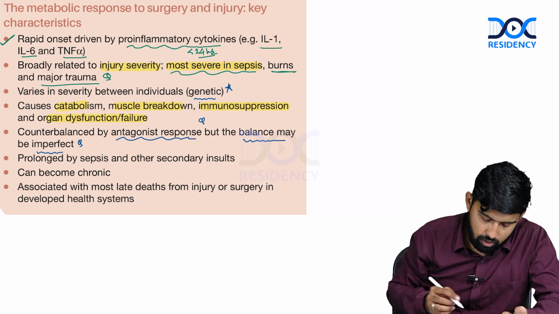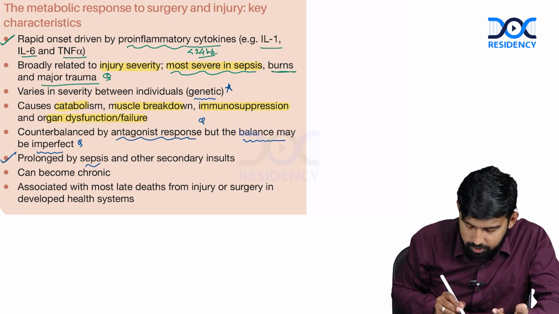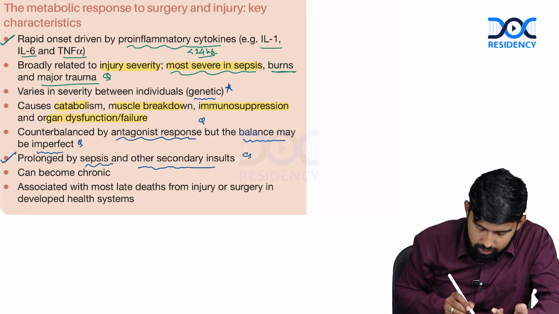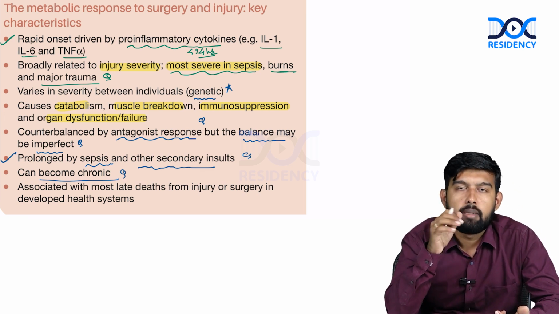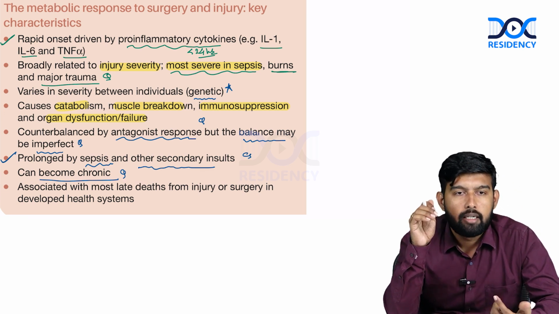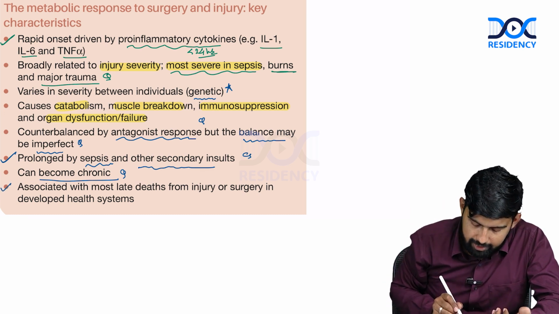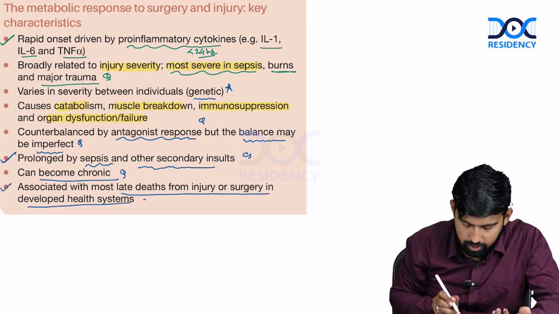The response is prolonged by sepsis and other secondary insults, and can be chronic. If the response remains for a prolonged period, it is associated with late death from injury or surgeries in a very developed health system.